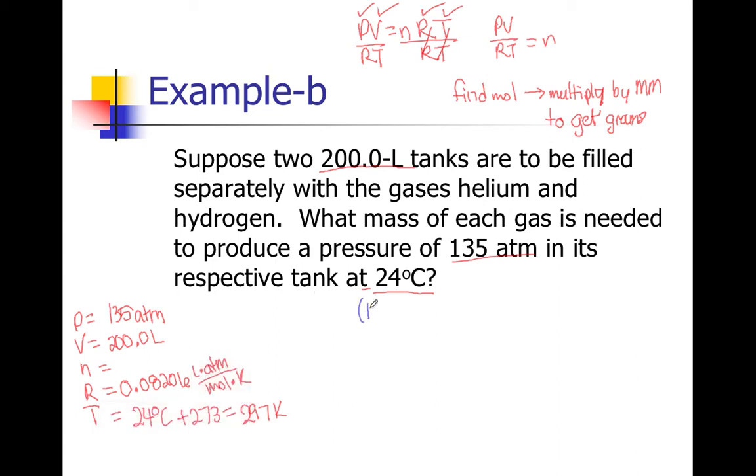So our pressure is 135 atmospheres. The volume is 200 liters. The R value is 0.08206 liters times atmospheres divided by moles times Kelvin, times 297 Kelvin.